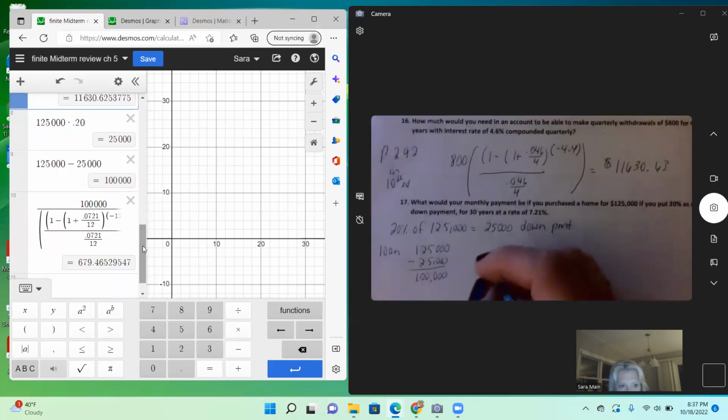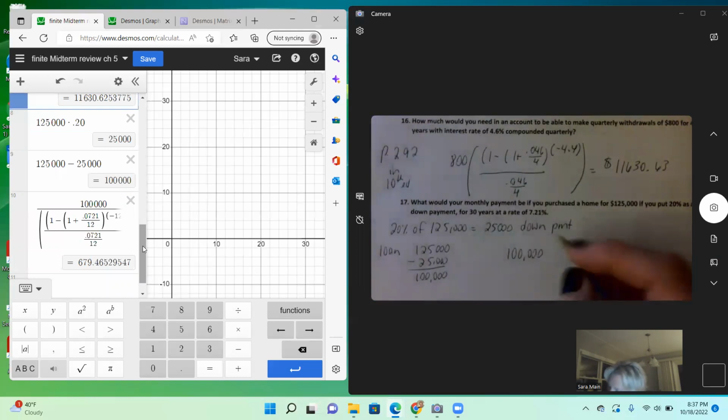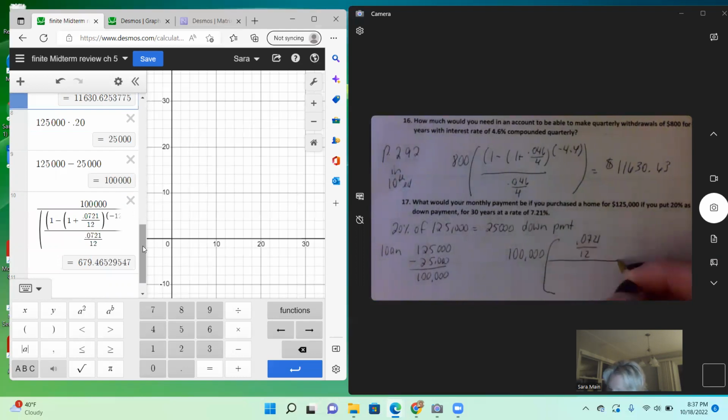So your 100,000, and then you're going to, now I have it kind of upside down, but it really could be what I'm going to draw on the paper here, which would be your 0.0721 over your 12 monthly payments divided by 1 minus 1 plus 0.0721 divided by 12 to the negative 12 times 30, because there's 360 payments in a 30-year loan.